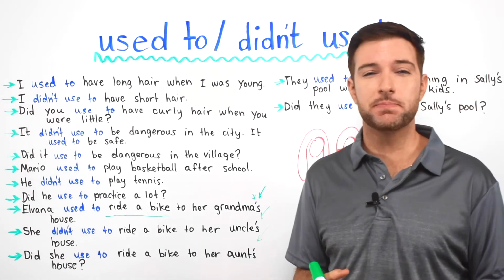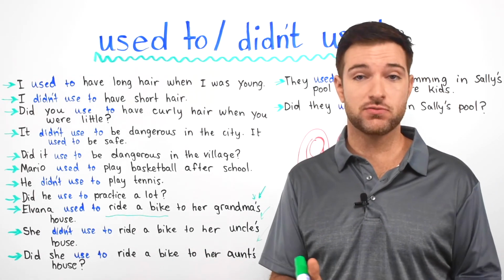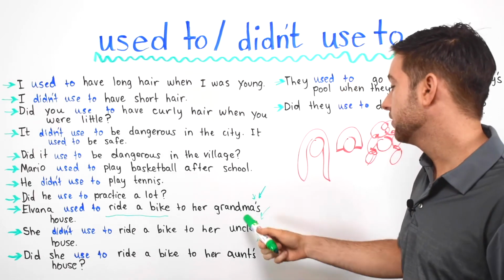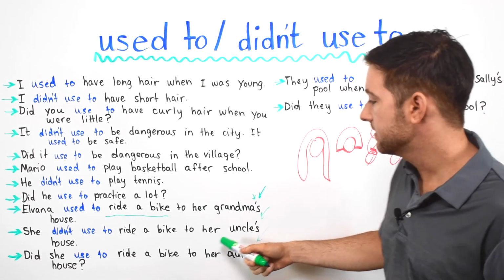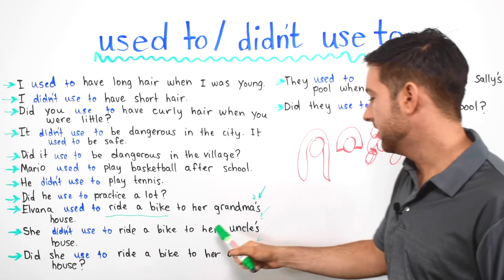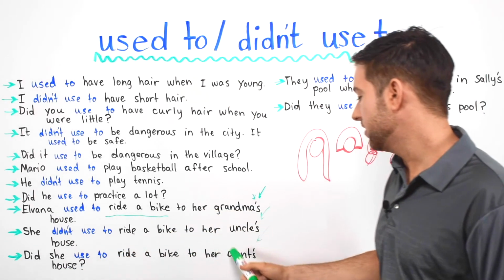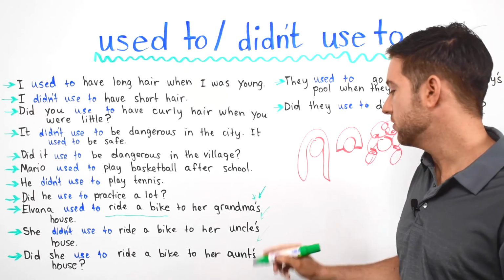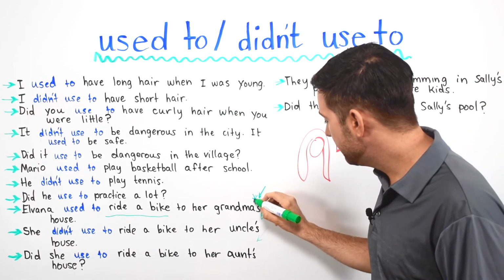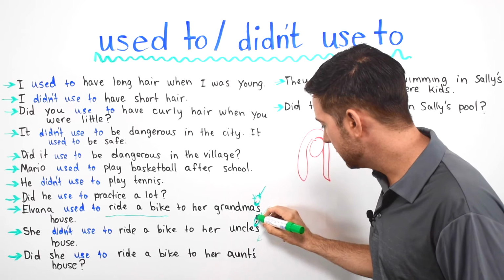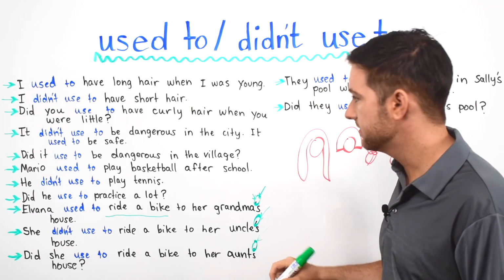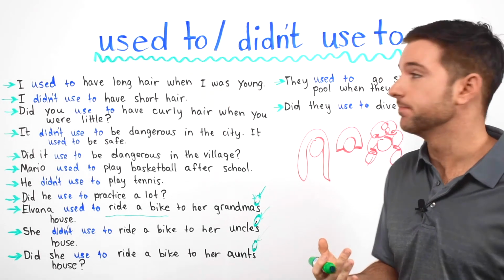The house is the possession of who? That's right. It's the possession of her grandma. And in this case, this house is the possession of her uncle. And in this last case, the house is the possession of her aunt. So an apostrophe shows possession, something that belongs to somebody, something that is somebody's property.